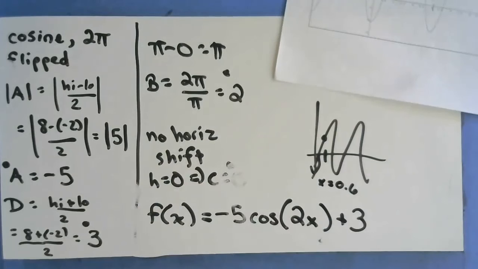So you have to identify for me what points you're using to do your calculations so I can check your work. If I can't tell what point you're using, I can't believe what number you're putting in.